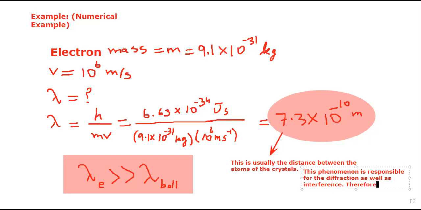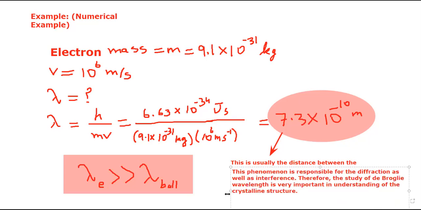Therefore, the study of the de Broglie wavelength is very important, and so is the understanding of the crystalline structures, because this knowledge can be helpful to understand the crystalline structures of different crystals and other materials as well.